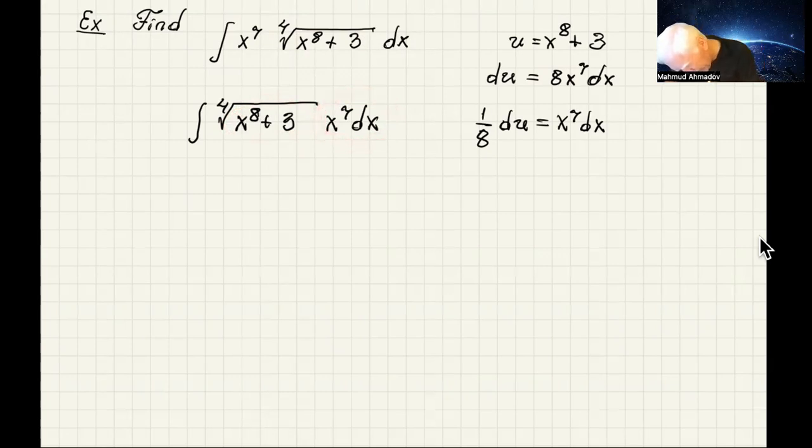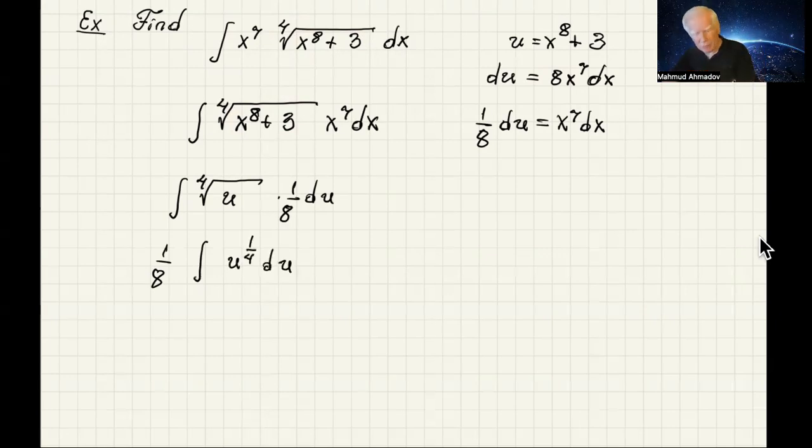So our integral turns out to be the integral of the fourth root of u times 1/8 du. On the next step, we factor 1/8 out of the integral and rewrite the fourth root as u to the 1/4 du.